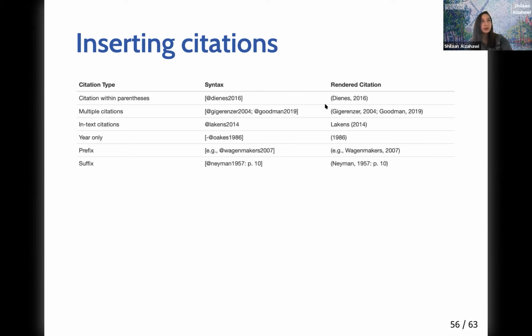So if I want a normal citation within parentheses, I just write at Dinas 2016 within square brackets. If I want to add multiple citations, I do the same thing, I just separate them by a semicolon. If I want an in-text citation, I remove those square brackets and just use at Lacus 2014.